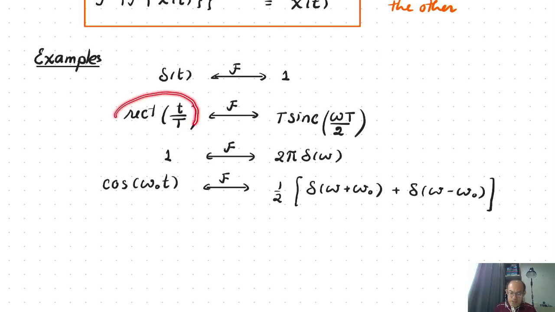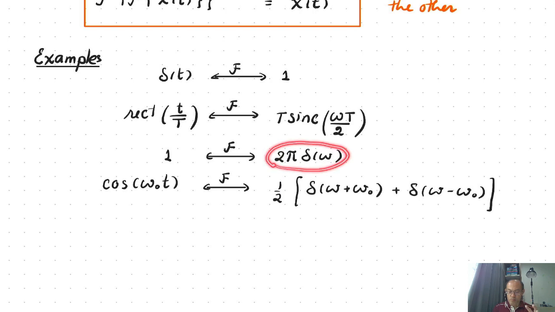On the other hand, the constant signal 1 has its presence only at frequency zero. It doesn't have any presence at any other frequency except frequency zero.